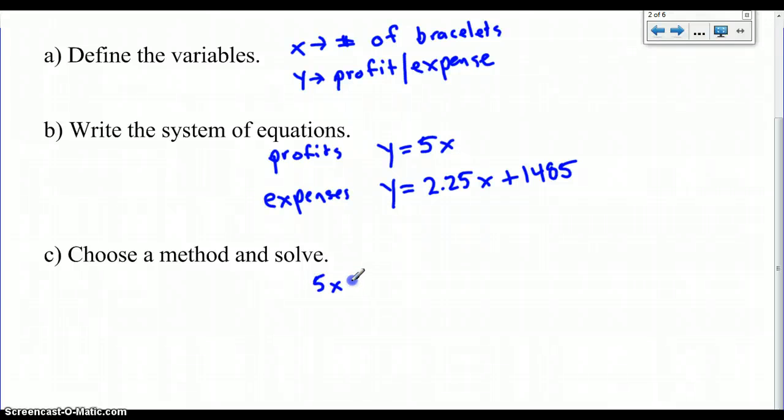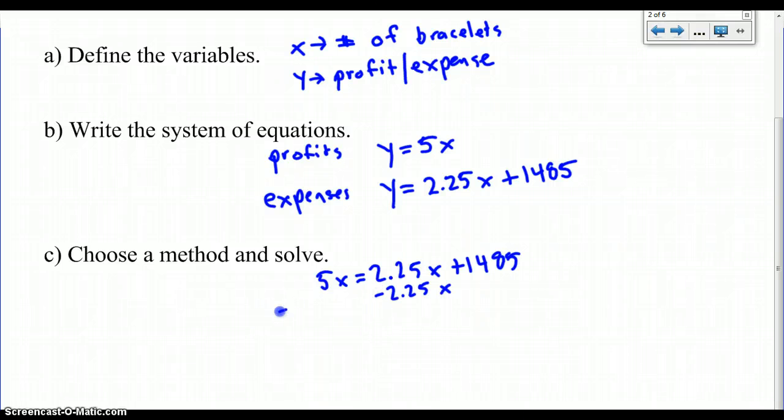So we'll do this: 5x equals 2.25x plus 1485. I'm going to subtract the 2.25x from each side. So 2.75x would equal 1,485.